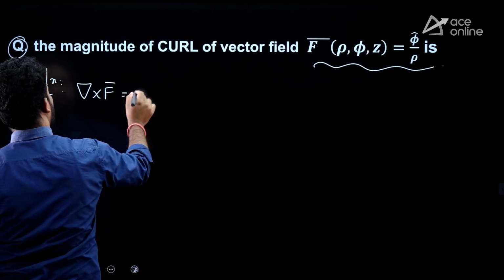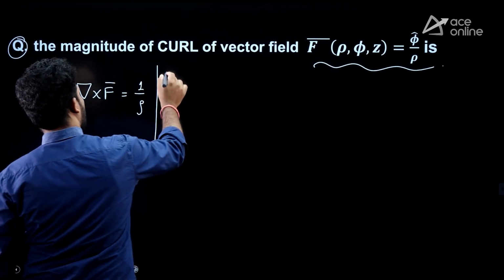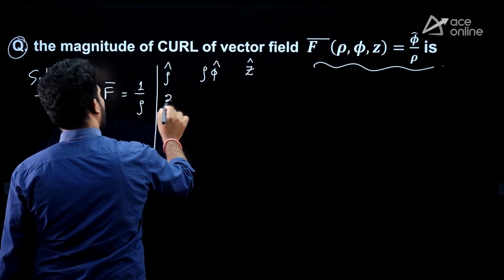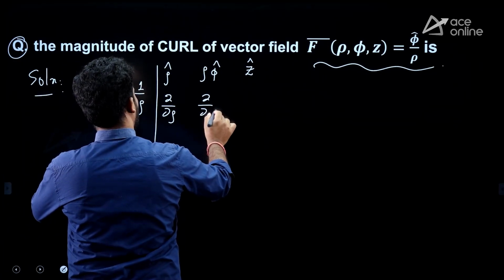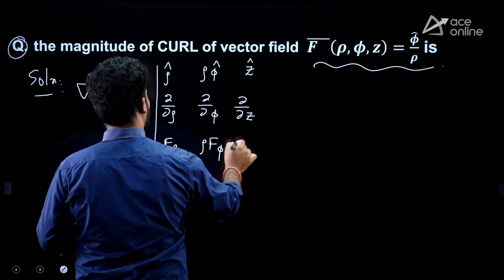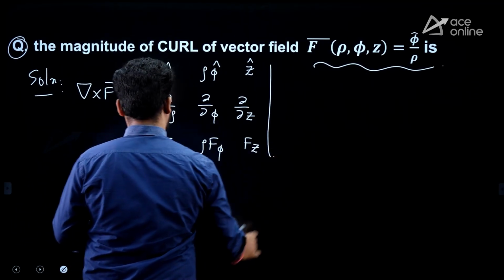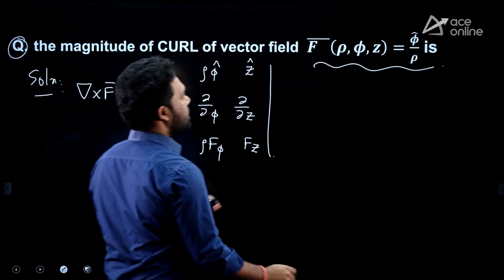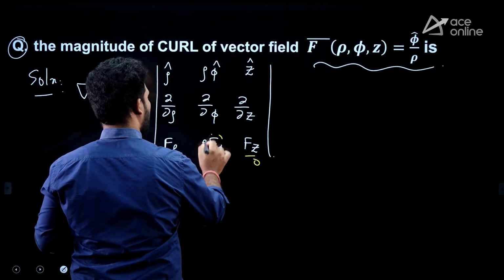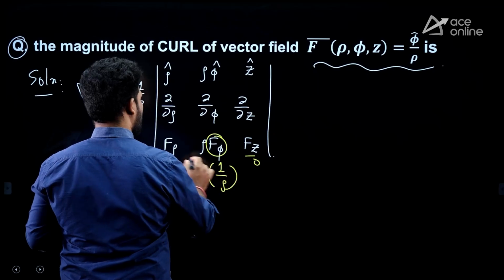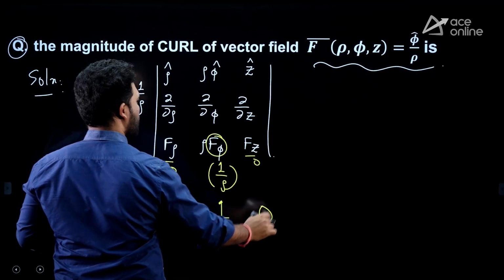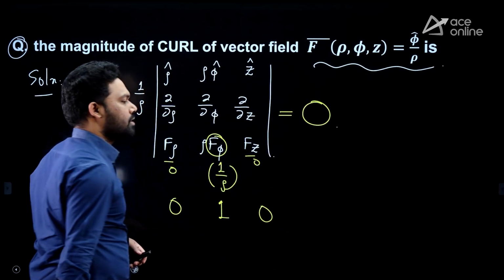Curl of f is equal to 1 by rho into the determinant with rho cap, rho into phi cap, z cap; dou by dou rho, dou by dou phi, dou by dou z; f rho, rho into f phi, fz. Okay, guys. Which component is it? It is the phi component, and the phi value is 1 by rho. So this is 0 here, this is 0 here. What is this one? It is 1 by rho. So the resultant will be 1, 0, 1, 0, differentiation of a constant, which is equal to 0. You can check it out.